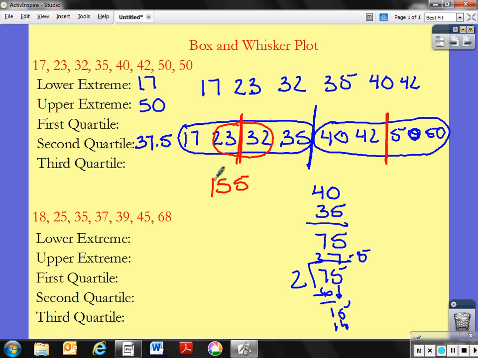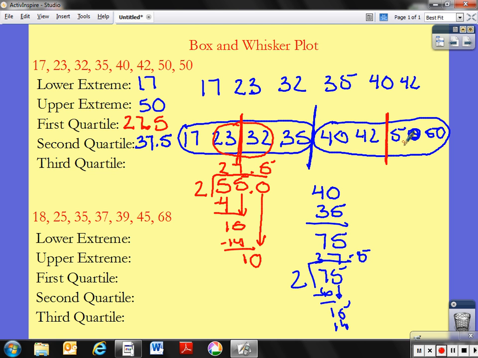Then I take 55 divided by 2, which gives me 27.5. So the first quartile is 27.5.